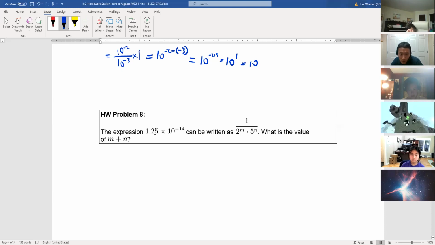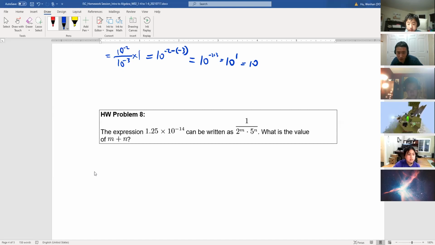So 1.25, we never play with decimals in our exponents chapter, but what do we do with this? Can we convert this into fractions, so we have whole numbers in numerators and denominators?